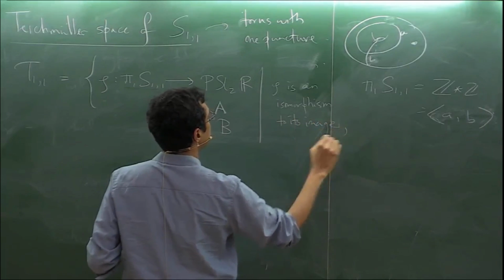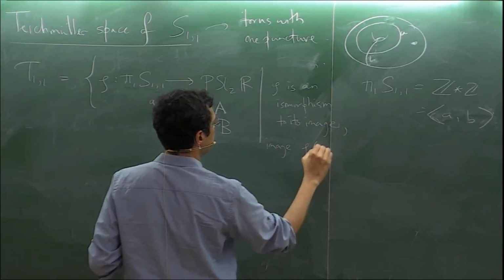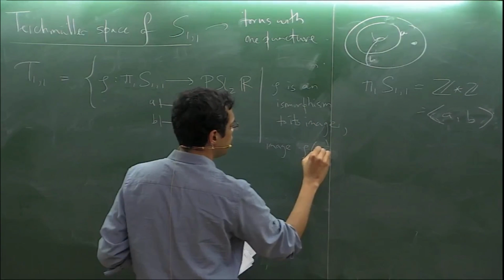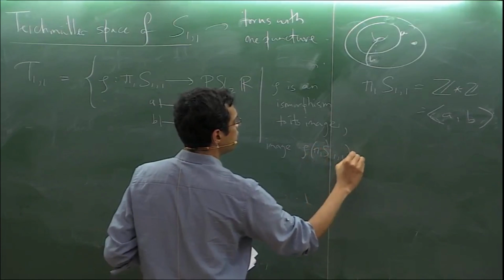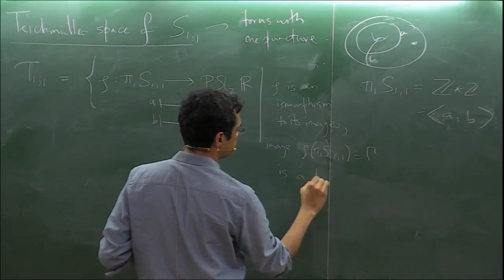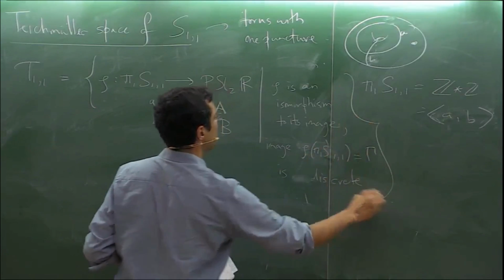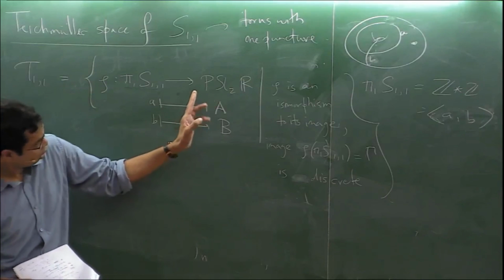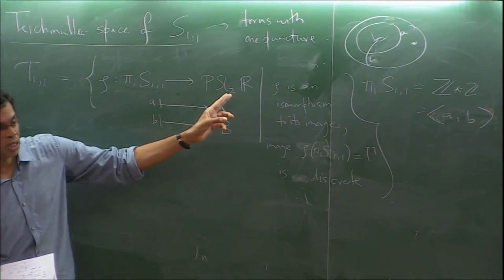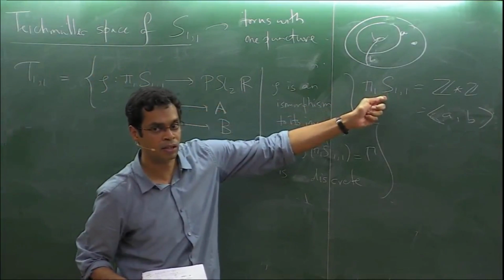And the image group, some gamma, is Fuchsian, is discrete. This is another way of saying that we want a Fuchsian group in PSL2R which is abstractly isomorphic with this fundamental group, which is a free group.